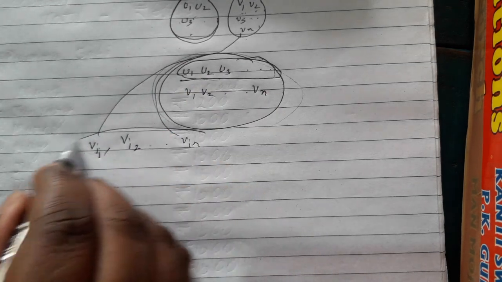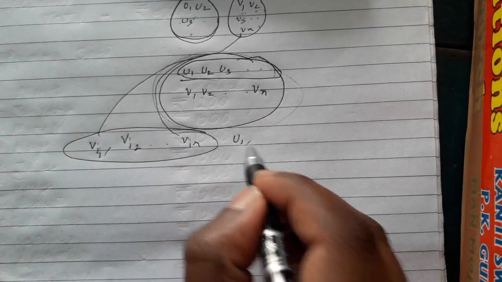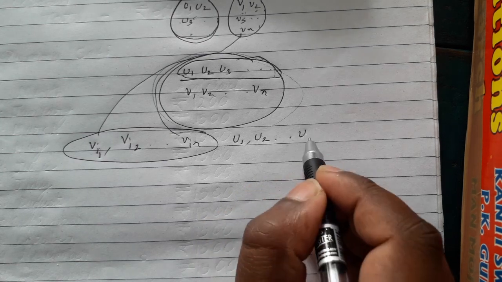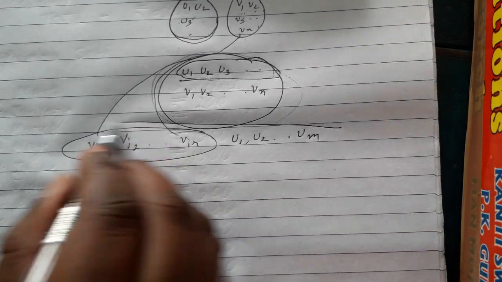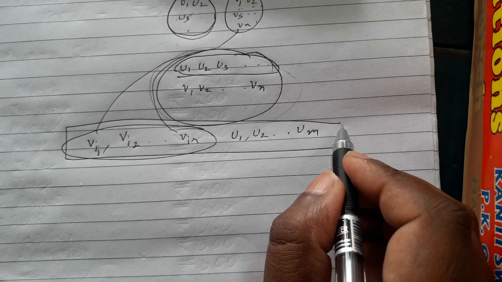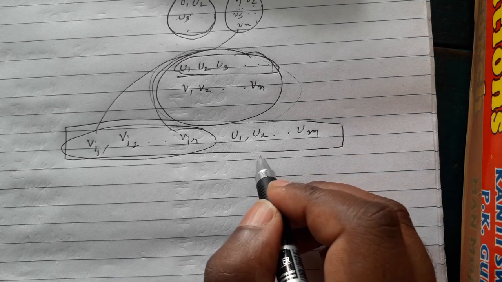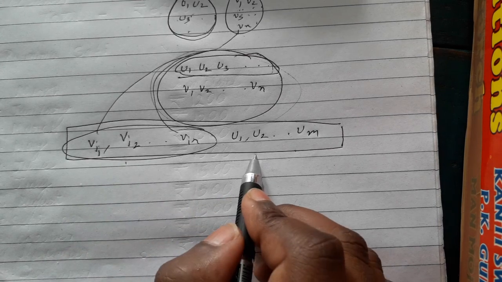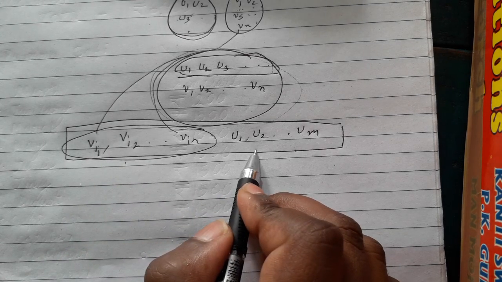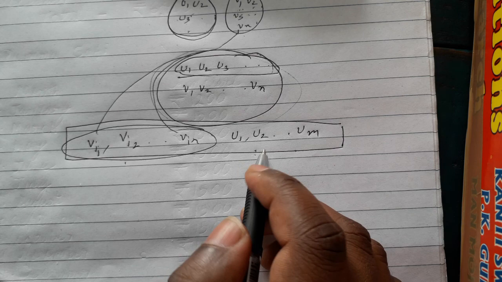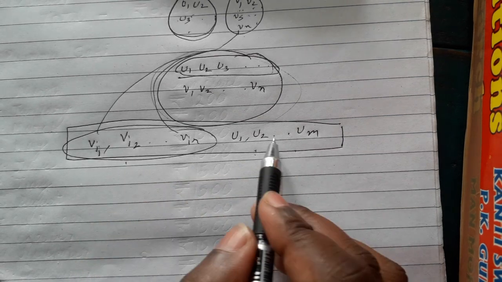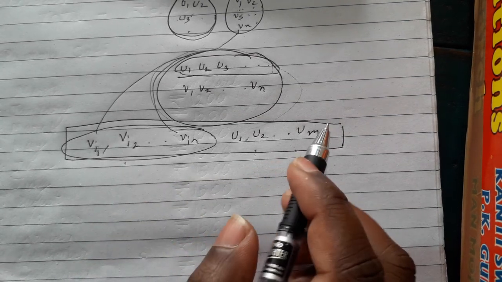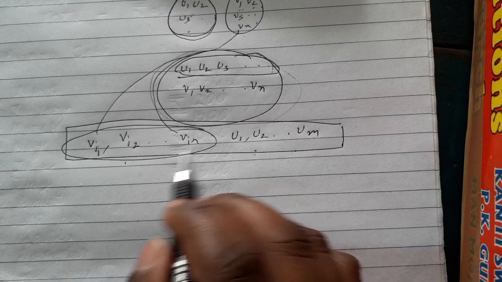If I put this together with u1, u2, ..., um, then this whole set will be linearly independent, and it will be capable of spanning V, the vector space over the field F. So this becomes a basis.